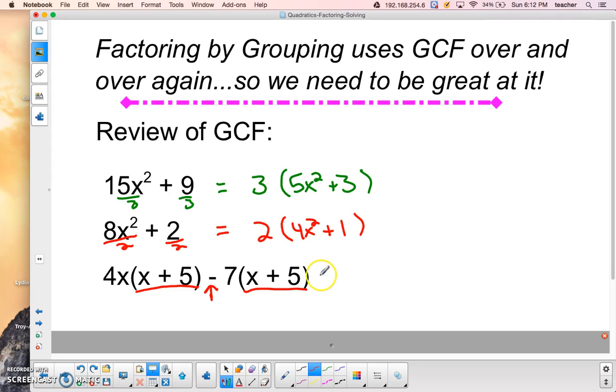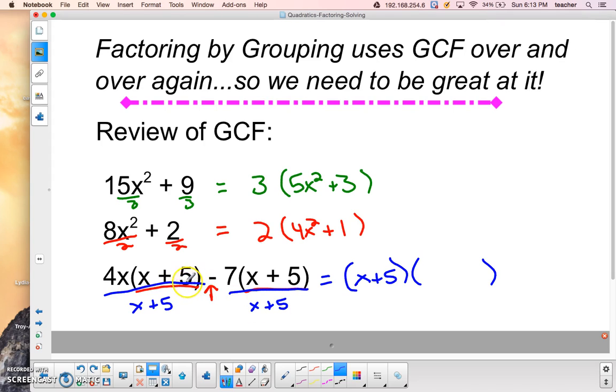So in this case, what's in common is an entire expression, but I still work the same way. I put the GCF in front and I open up some parentheses so that after I divide it away, that x plus 5 gets divided away just like before with the 2 or the 3.